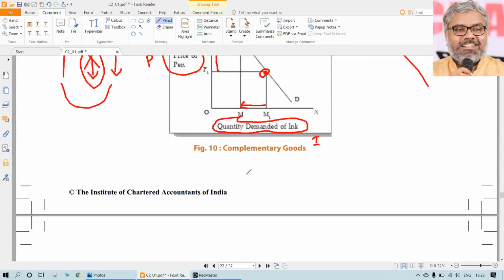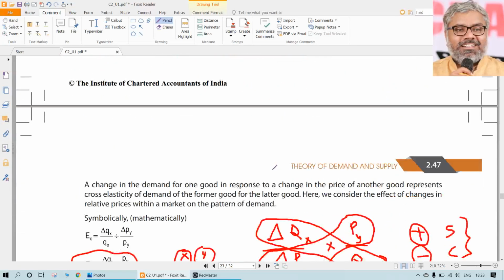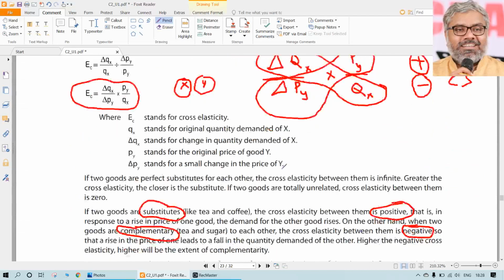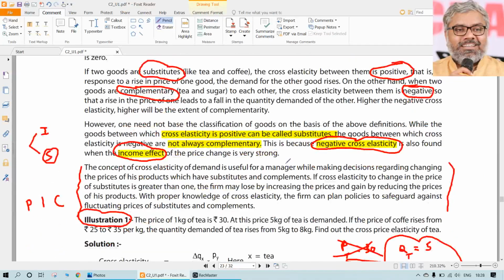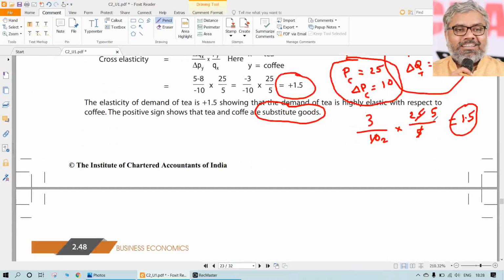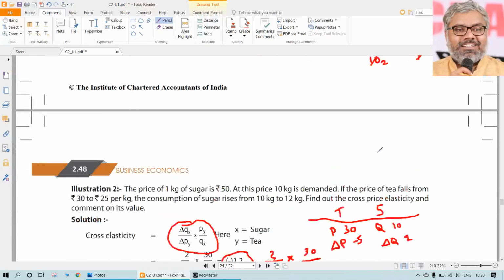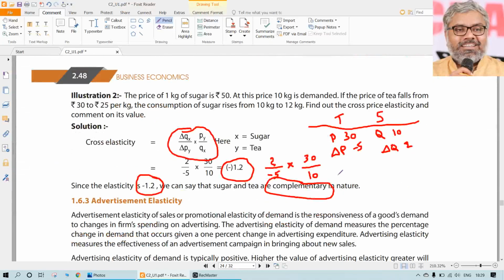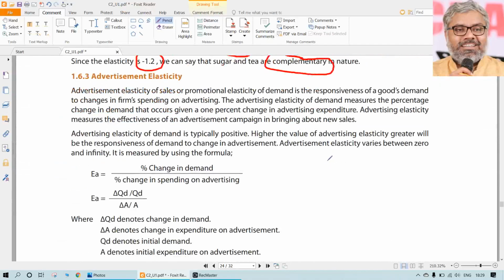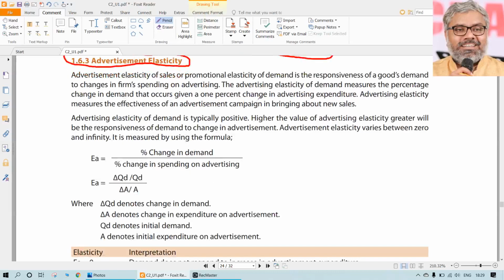What kind of cross elasticity a substitute will have, what kind of cross elasticity a complementary commodity will have. Mathematically, it can be just calculated using the formula, and if the answer is positive, it is a substitute. If the answer is negative, it is complementary. Like this, any elasticity can be calculated, not just these things. For example, you take advertisement elasticity.